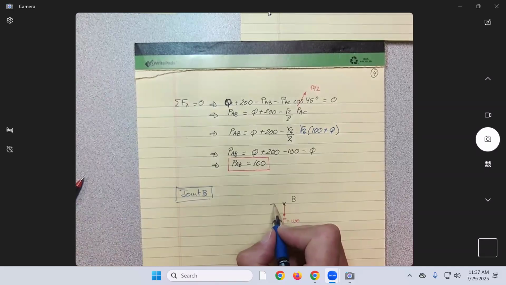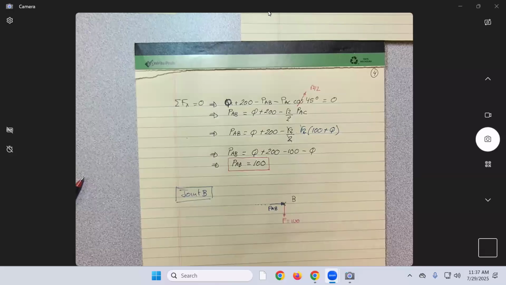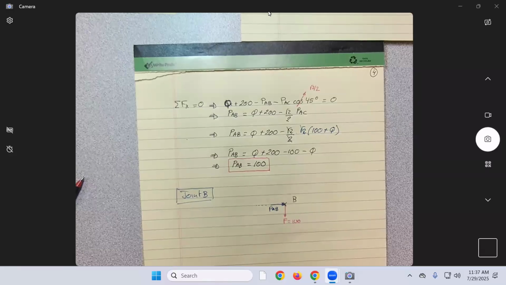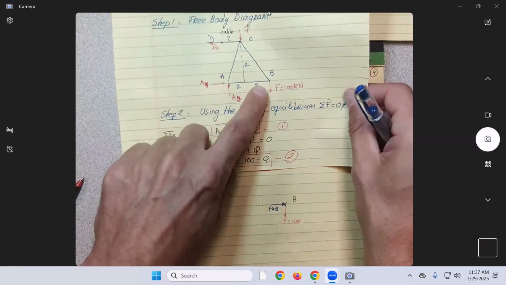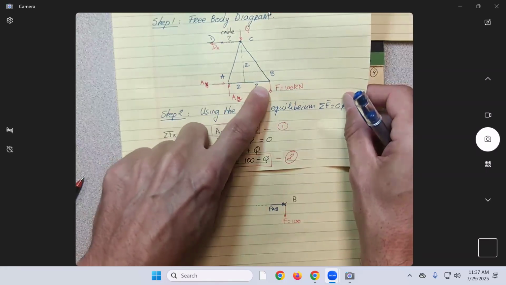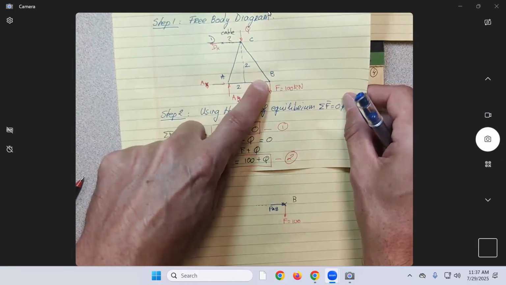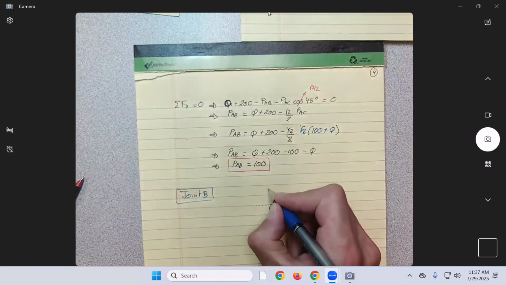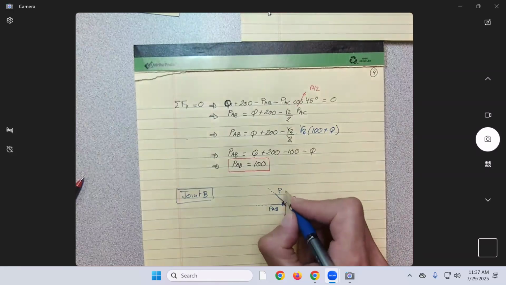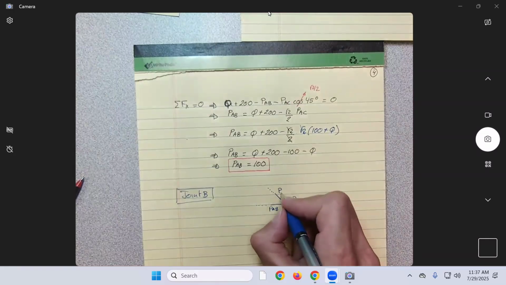Remember we said this member here is in tension, so it will be PAB. Over here, action, reaction. So I'm at this point here, and I'm going to do the same thing here, assuming it's in tension, PBC.